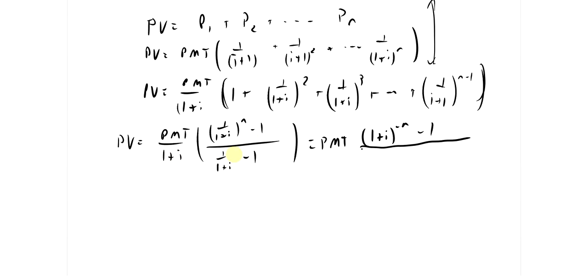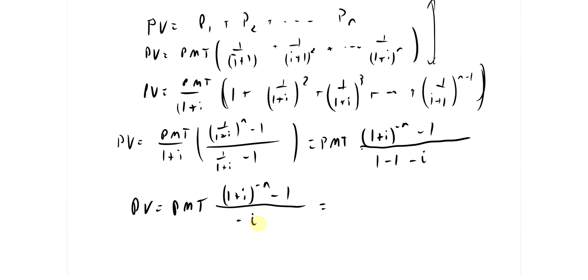Well, (1 + i) times 1 over (1 + i) is 1. (1 + i) times 1 times minus 1 is minus 1 minus i. So present value is payment times ((1 + i)^(-n) minus 1) all over (1 minus 1 minus i). And then I'll take the minus sign up top and multiply it through up here, and we get our present value formula.